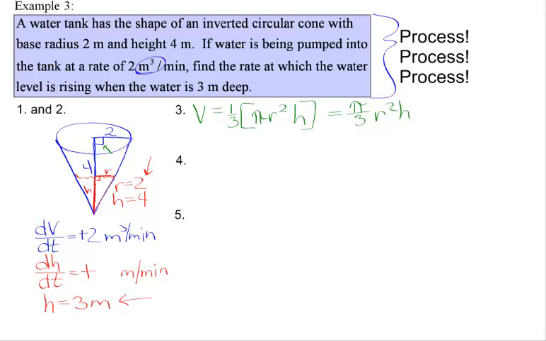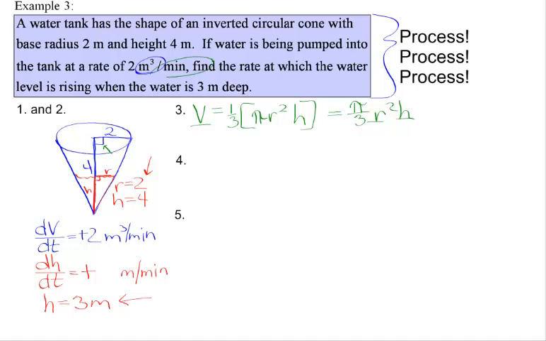Step 4 of this process is to find a relationship between the rates of all the variables involved. In other words, implicitly differentiate the equation you found in step 3. So I'm implicitly differentiating in any related rates problem with respect to time.